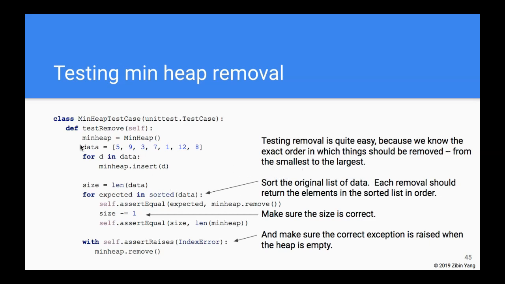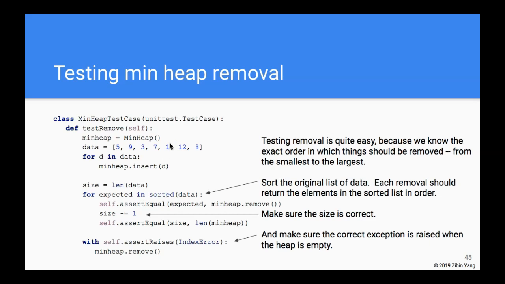So what we do here is, this is the set of data that we worked with in our demonstration earlier, and then we sort it, right? And for each single one of them, we'll just compare it to what we are removing from the min heap in the loop.